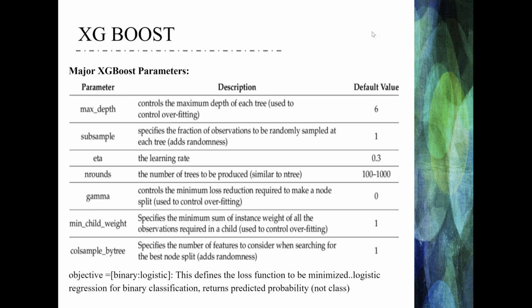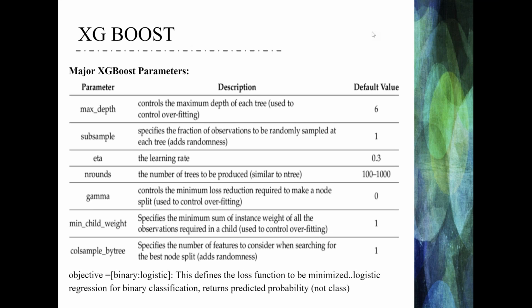The advantages of XGBoost are many. Some of them are: unlike the gradient boosting model, that is GBM, XGBoost has regularization, which prevents overfitting. Thus, it's also called regularized boosting.